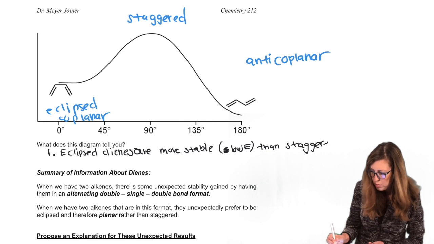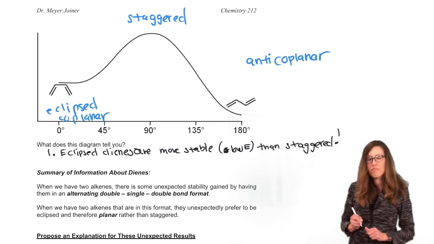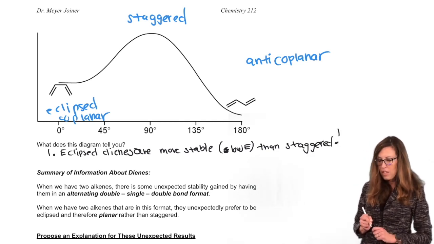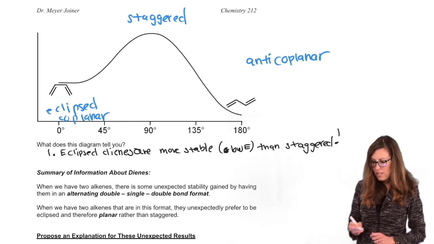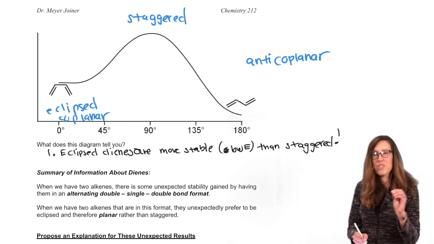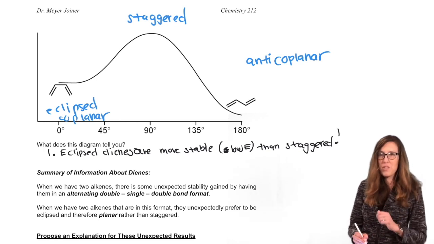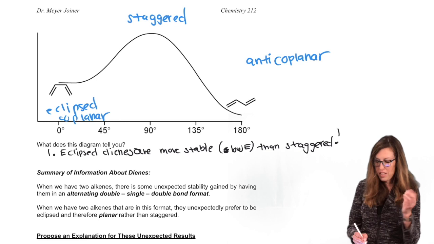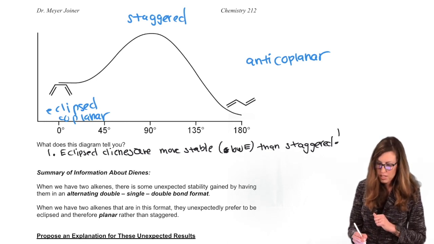I'm going to put an exclamation point because that's a surprise, right? Eclipsed is never usually more stable than staggered. But you never say never. It's always sterics versus electronics. In this case, we're going to see that the sterics predicted one thing, but since we didn't discuss electronics, that's going to be a whole other issue.